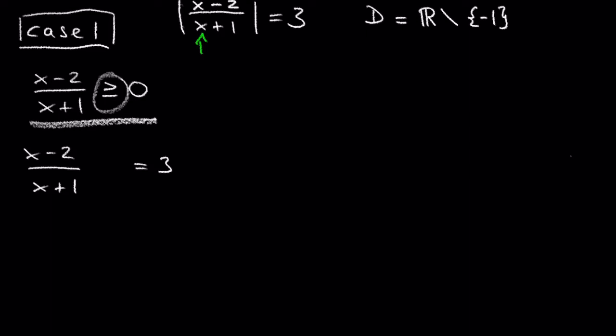To remove the denominator, we multiply by x plus 1 on both sides. And we get x minus 2 is equal to 3 times x plus 1. Let's remove the parentheses using the distributive property by multiplying 3 with x and with 1.